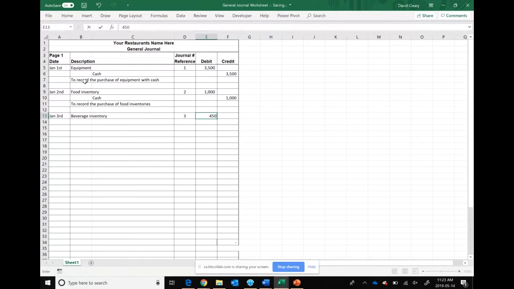We're debiting it because our beverage inventory is increasing and assets increase on the debit side. And we're crediting our cash because our cash is decreasing. So here, our debits equal $450 and our credits equal $450. We are in balance. We give here a quick description.